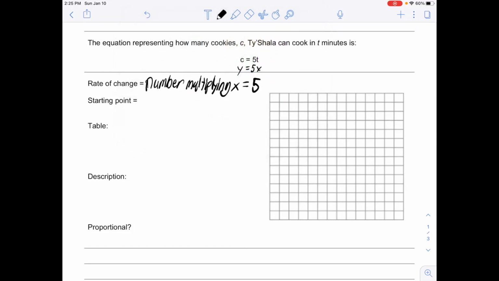Our starting point is any number that's being added. In this case, we don't have one. That means that our starting point would be at 0.